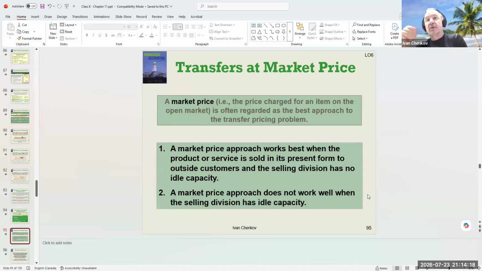What's going to happen on the other side when we're selling at the market price to the buying division? The market price approach works best when the product or service is also sold in its present form outside to customers, and when the selling division has no idle capacity.